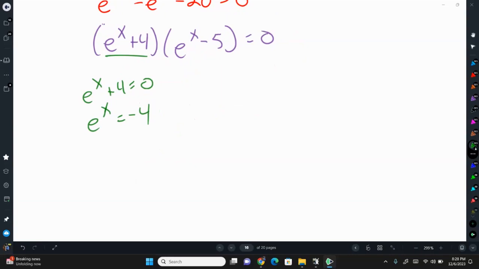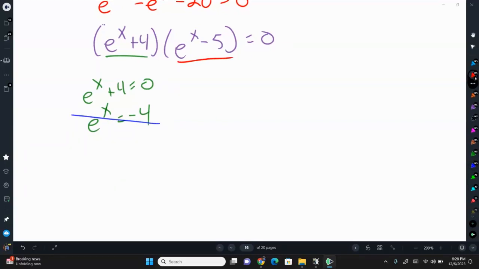Like, e is 2.7. 2.7 to any power is never going to equal a negative number. So from this point right here, we can say there's no solution for that one. If you want to, you could change that to log form, but then you'd be taking the natural log of negative 4, which isn't allowed.